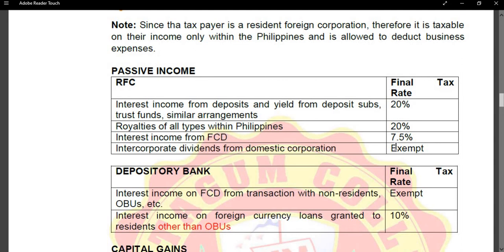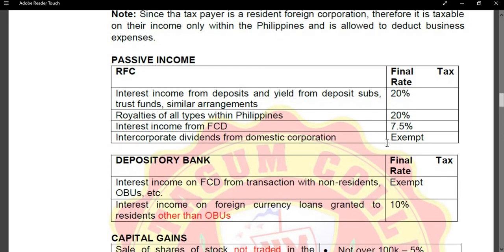Intercorporate dividends from domestic corporation is also exempt. The same with the domestic corporation. So remember that if a resident foreign corporation and a domestic corporation receives dividend from a domestic corporation, that dividend is exempt from income tax.